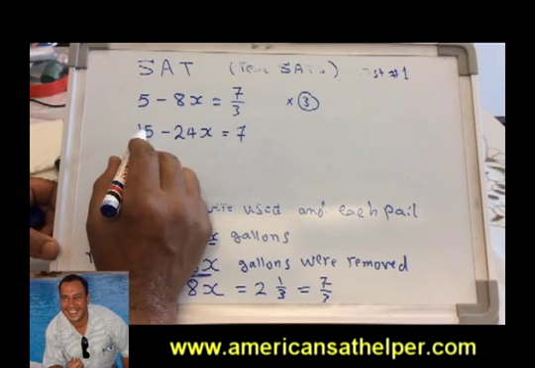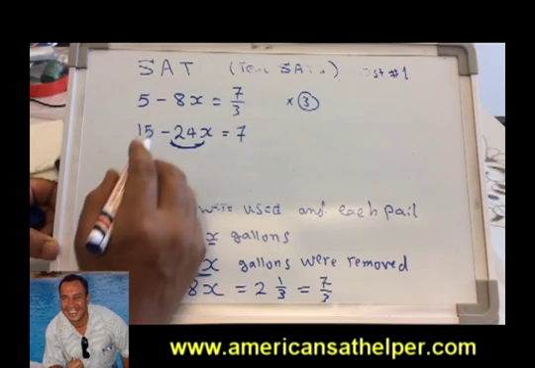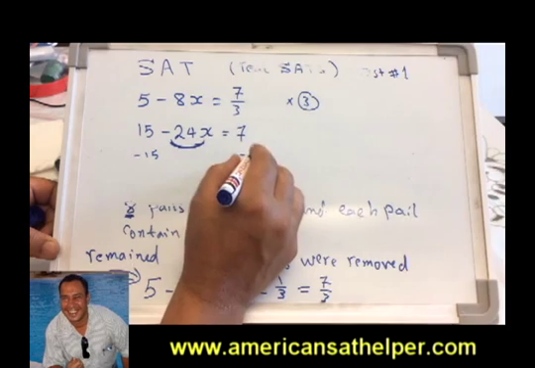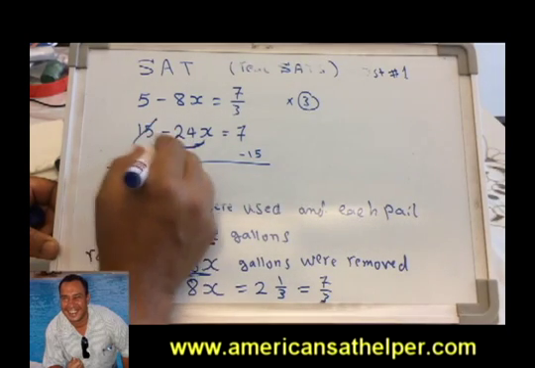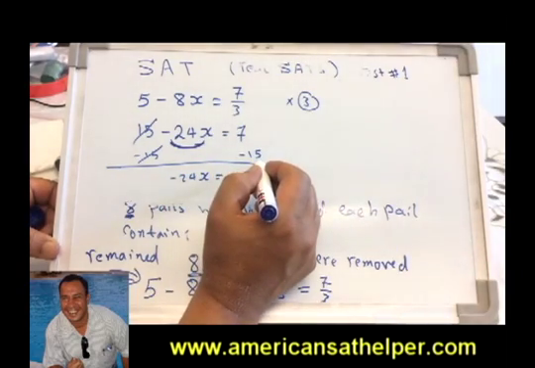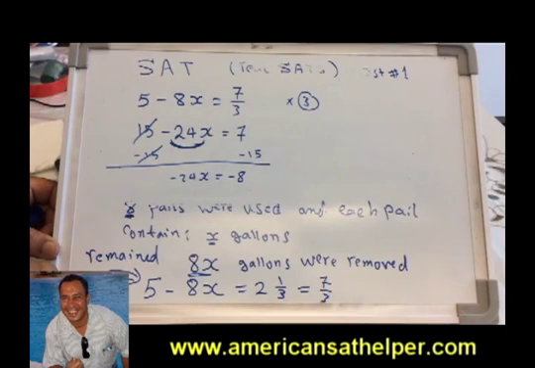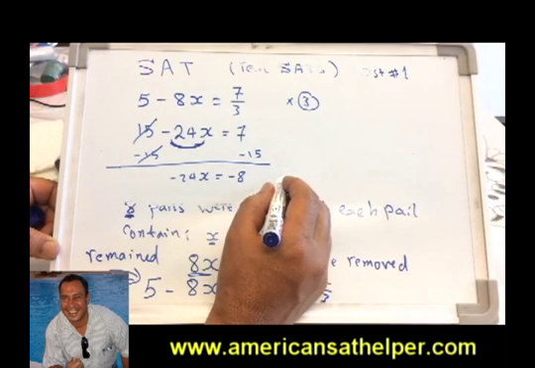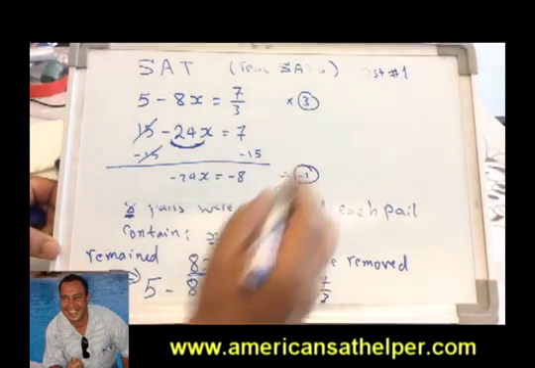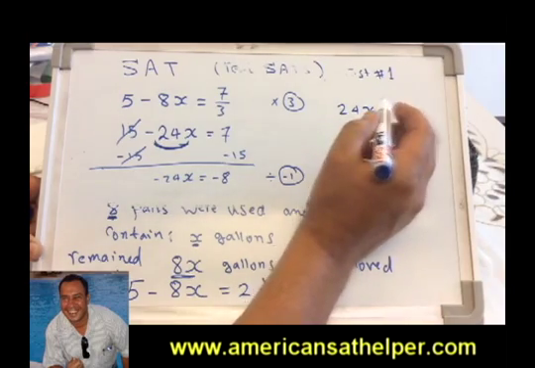Now, undo what has been done to the term containing the variable. It means minus 15 and minus 15. You will get minus 24x equals 7 minus 15. You will get minus 8. Divide both sides by -1. You can get 24x equals 8.